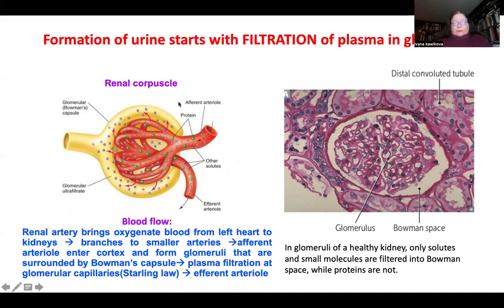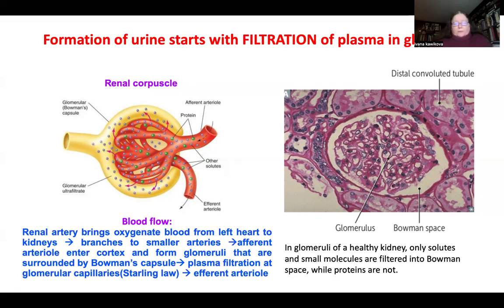And here you see the renal corpuscle, which consists of Bowman space that is then connected to the proximal convoluted tubule. And here you see the arterioles, the afferent arteriole, that gives rise to the glomerular capillaries, and then the efferent arteriole that continues to go to the peritubular system.